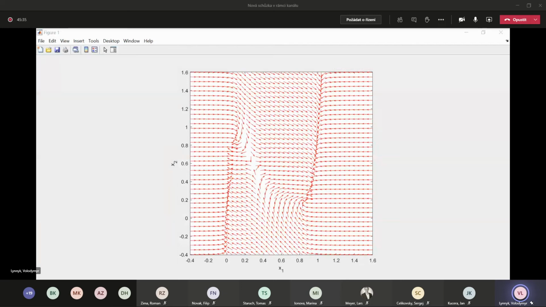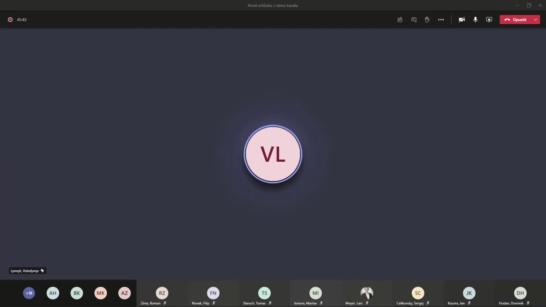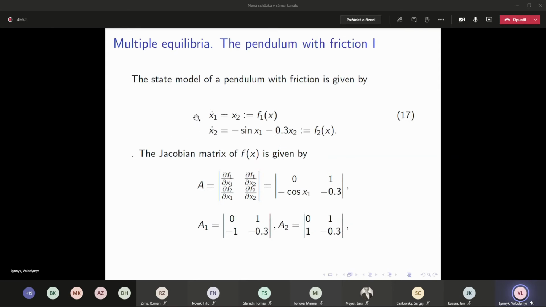Okay. Let's come back to the presentation. Multiple equilibria. Next is the pendulum with friction, and I showed you in MATLAB the vector field of this model. x1 dot equals x2, x2 dot equals minus sin x1 minus 0.3 x2, and the Jacobian matrix A is given by this matrix.